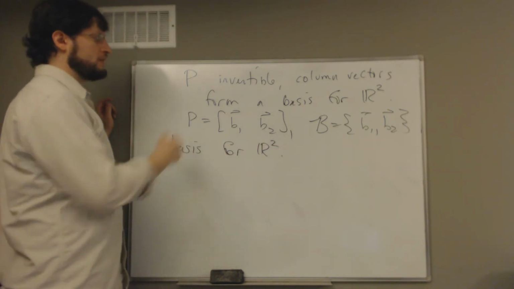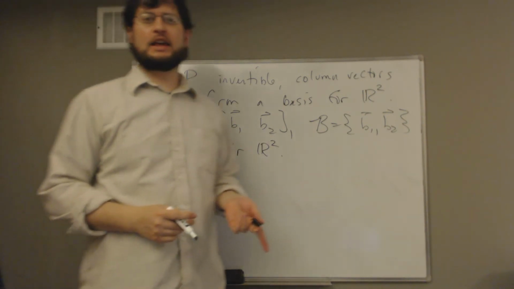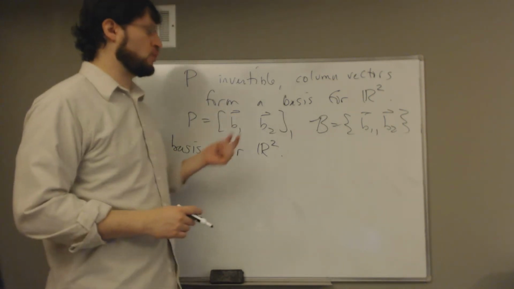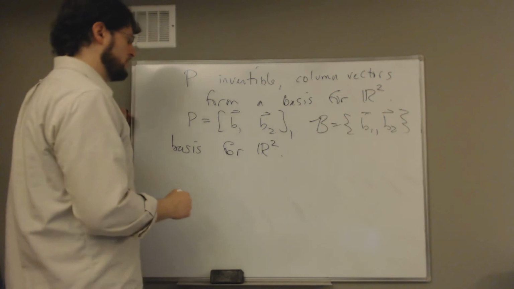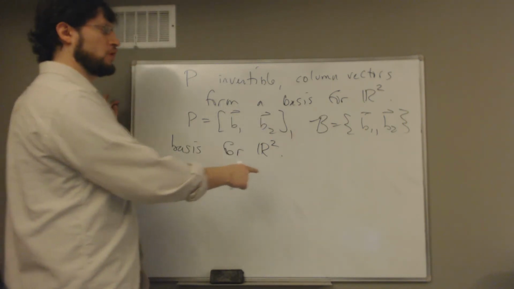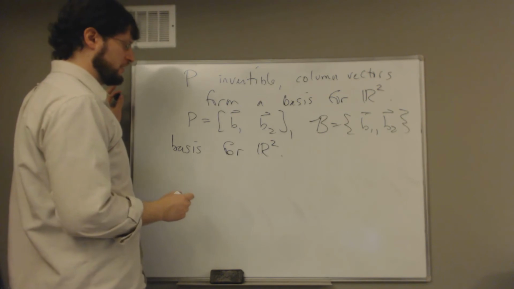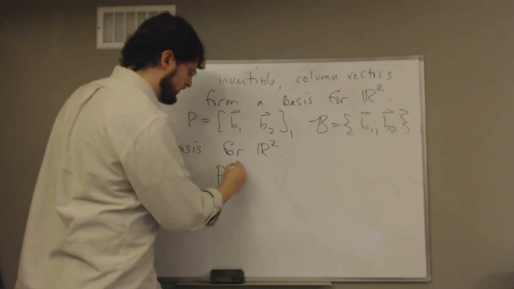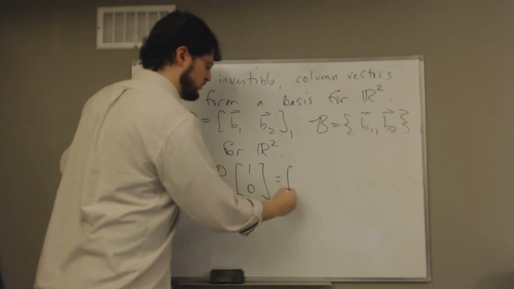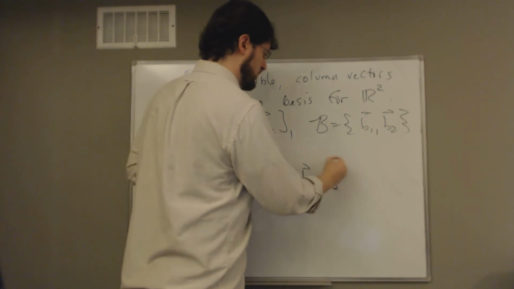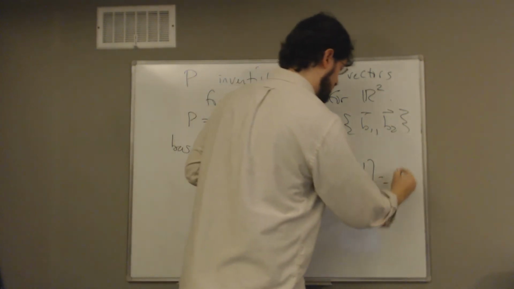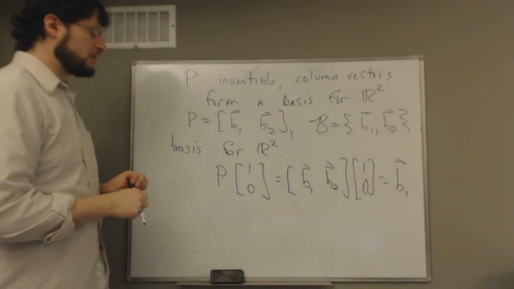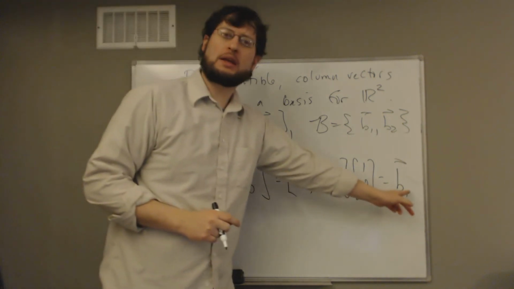Now, what is this saying? Suppose that I had a vector in R2, and we have that vector in terms of its coordinates relative to this basis. So remember, what is P of 1, 0? Well, that's going to be B1, B2 times 1, 0, which is just B1, because I take 1 B1 and 0 B2. So notice what this has done. How do I get B1 back?